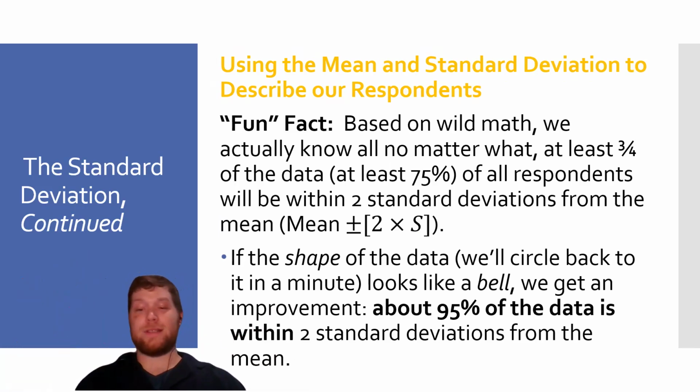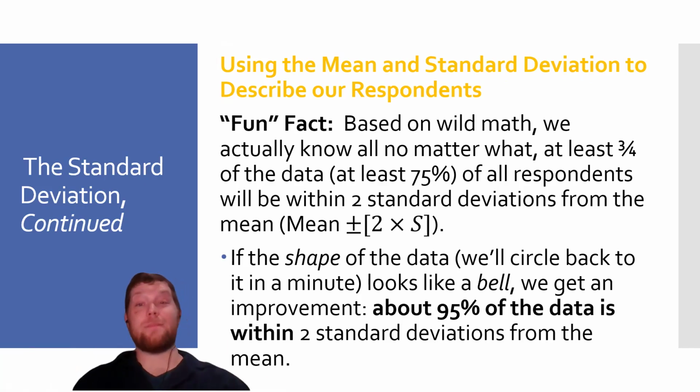So if I were to say that your average age was 25, but the standard deviation was 2 years, then 75% of people need to be between two standard deviations below, which would be 23, 21, and two standard deviations above, which would be 27, 29. So 21 to 29 years old, at least 75%.